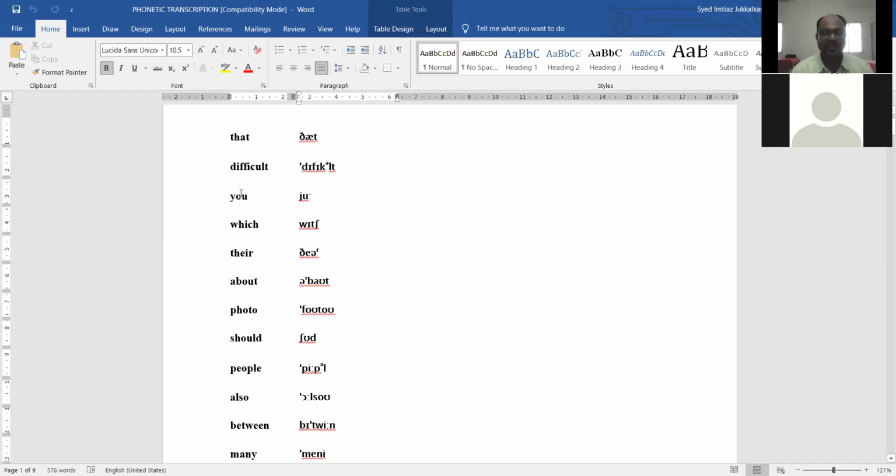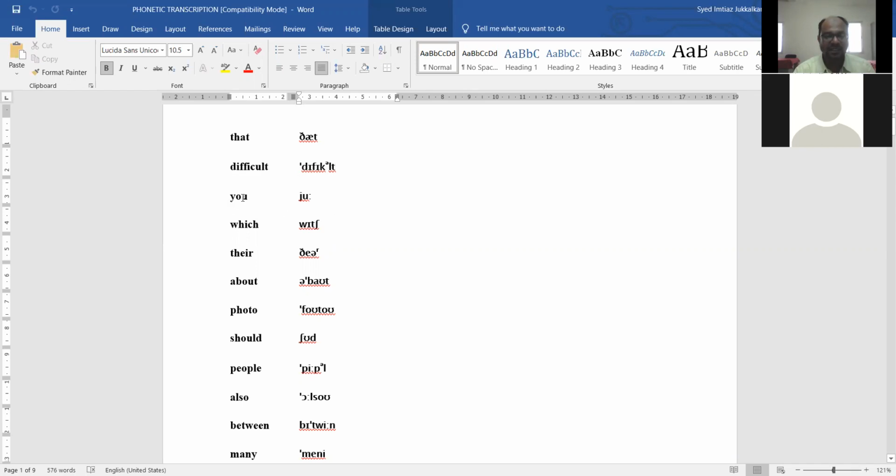And the next one is "difficult." This is another word, "difficult." Then this is short I, t. Is it clear for you? If you very carefully look at these symbols, definitely you will remember.